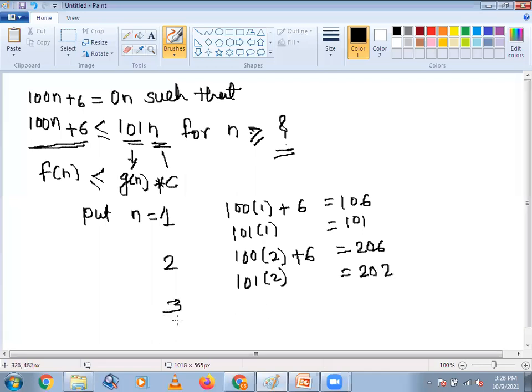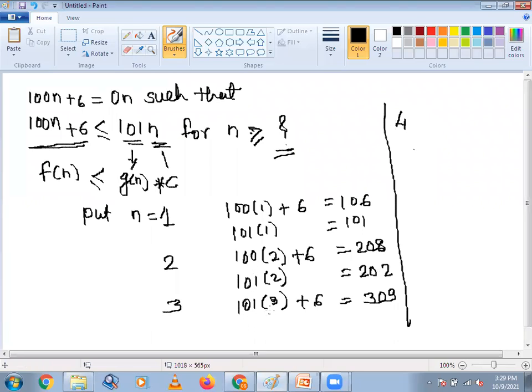Then put n is equal to 3, 300 plus 6, and 101 into 3 is 303.